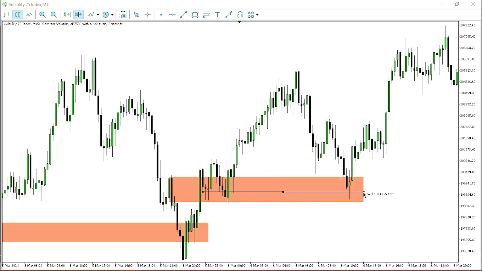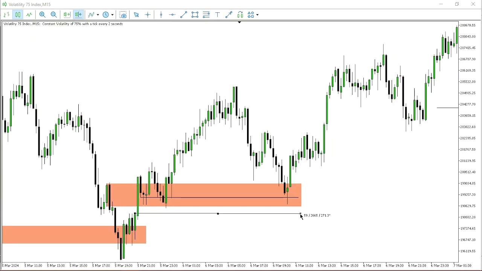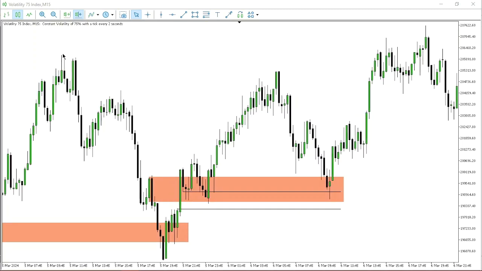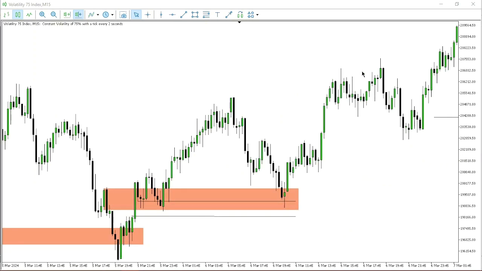Now if we take an entry on the unicorn model, you target the opposing liquidity, right? And so that means we'll take our exit on this high here. Eventually we reach it. When price broke away from this bullish breaker block here, it started to break away to reach our target over there. What do you notice again? Sell side of the curve, buy side of the curve.